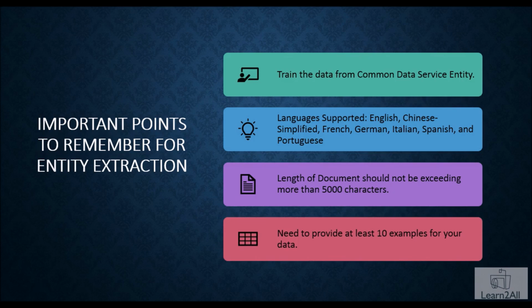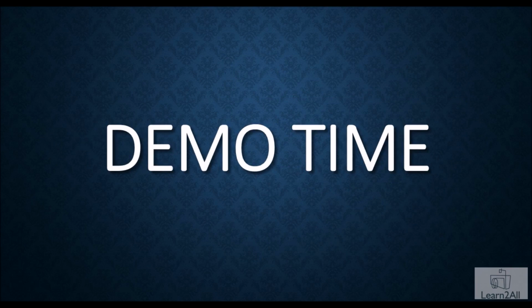Currently the supported languages are English, Chinese simplified, French, German, Italian, Spanish and Portuguese. The length of your document or content should not exceed 5000 characters. You need to provide at least 10 examples of your data to train your model. So these are a few considerations that we need to take while we are performing the development.